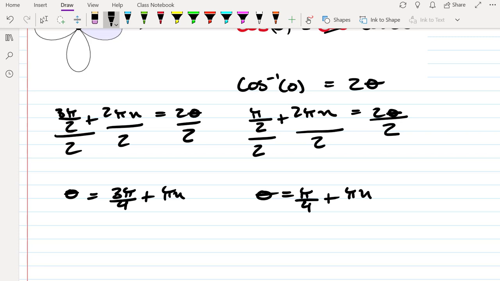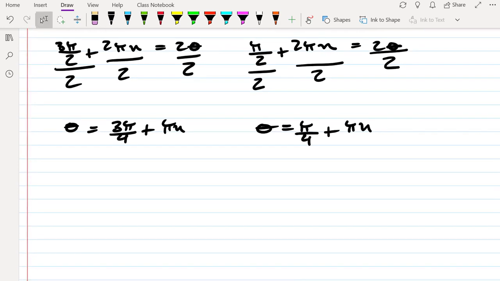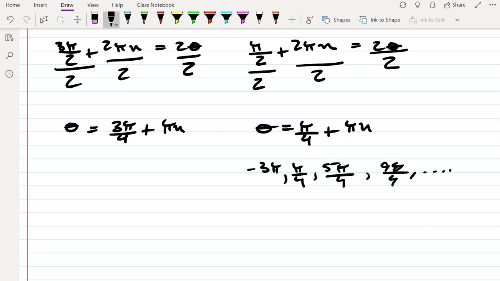So it seems like we're going to be getting all of the odd multiples of pi over 4, because if we look at this list, we're going to get pi over 4, 5 pi over 4, 9 pi over 4, and going the other way, negative 3 pi over 4, and so forth.